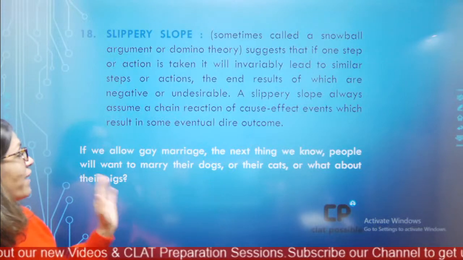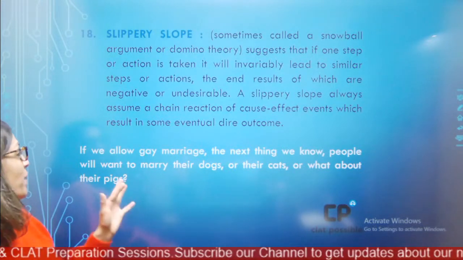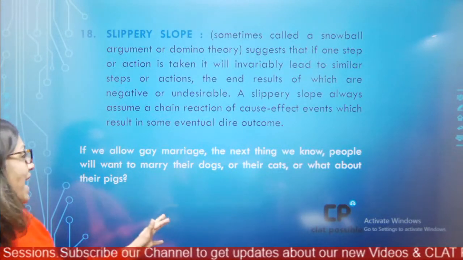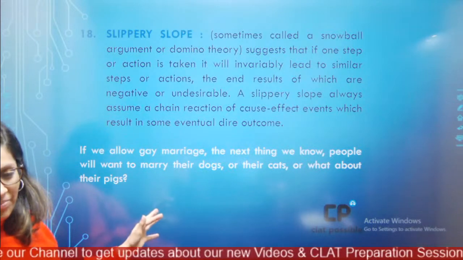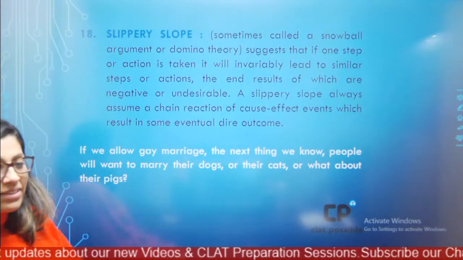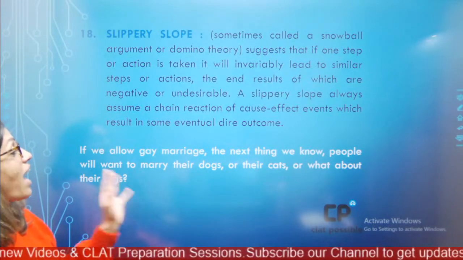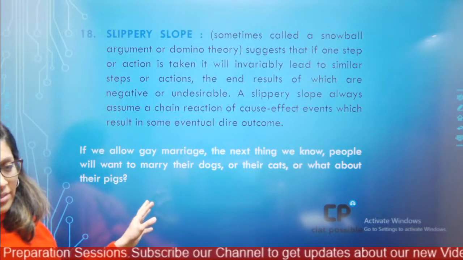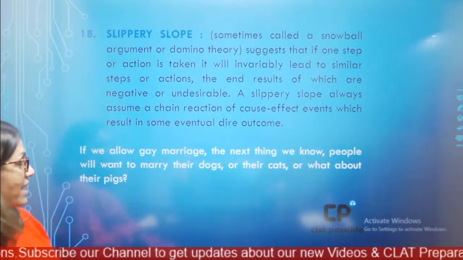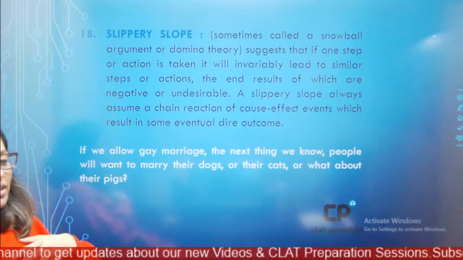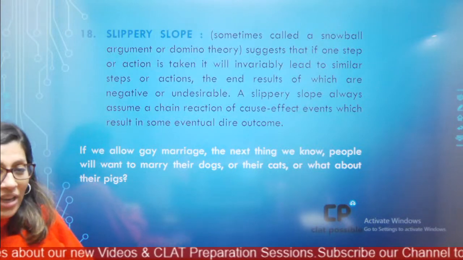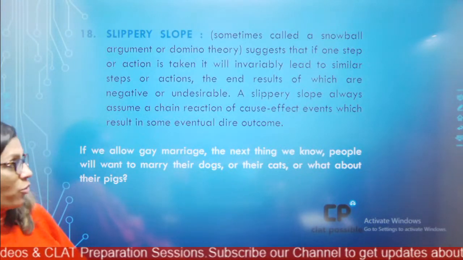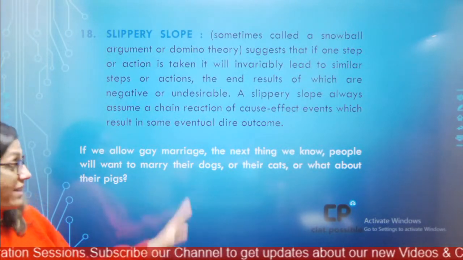right? If we allow gay marriage, the next thing we know, people will want to marry their dogs or their cats, or what about their pigs? Right? This is an actual argument. I was aghast when I read it. So yes, I'm prone to dramatics as a parent, but of course I know I'm not an intolerant person at all, even in parenting. So that way I am not like this.